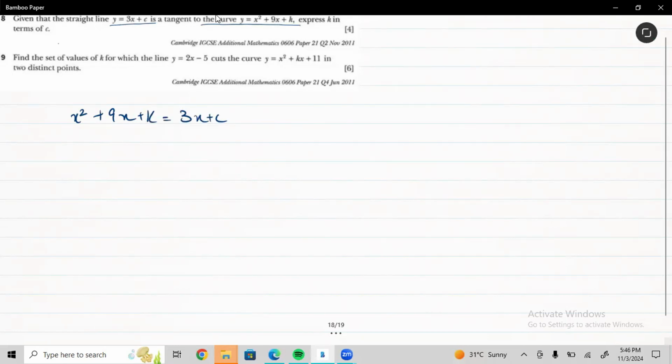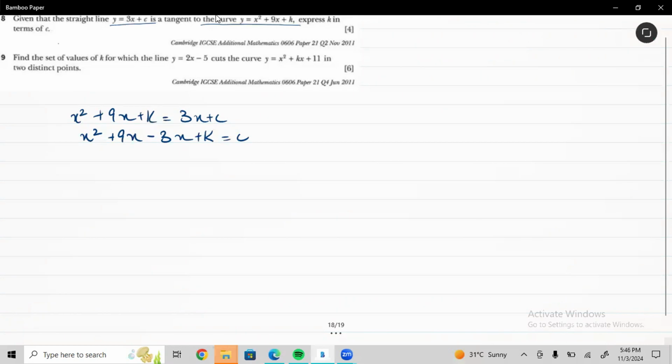Why are we substituting? Because it's a tangent. That means it's intersecting at one point. And when it's intersecting at one point, we know that it's going to have the same x and y value at that point. So x squared plus 9x minus 3x plus k is equal to c.